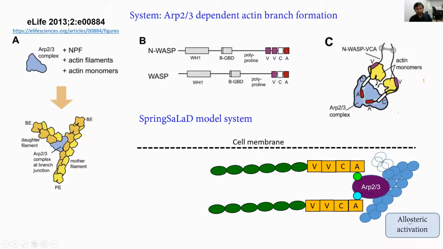It's very abundant in biochemical systems: ARP2 first binds to one VCA, and that binding induces a conformational change which alters the affinity of the other sites. So the VCA binding to the light green site will alter the affinity of the cyan site for the second VCA. There is this allosteric activation going on here, and we will see how we can model such a process in SpringSaLaD.